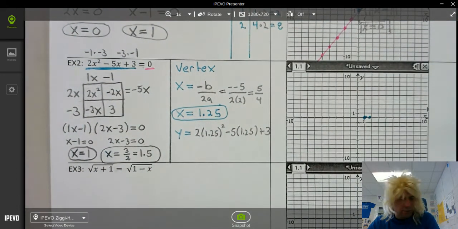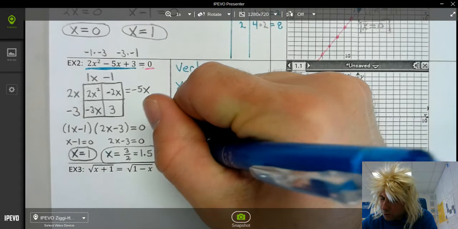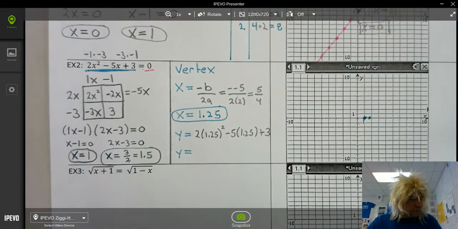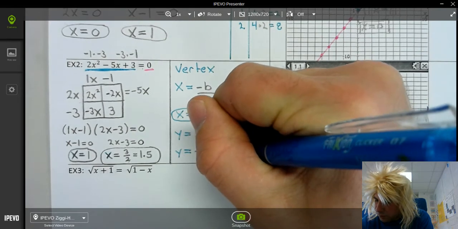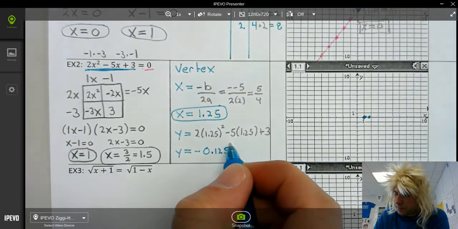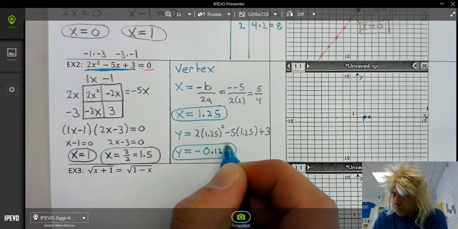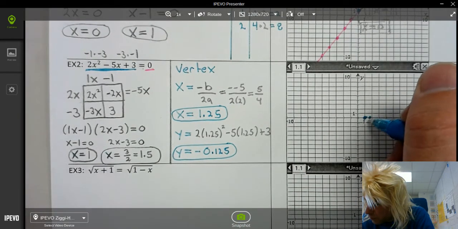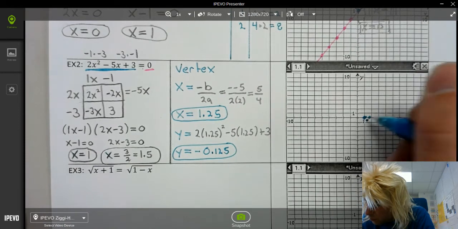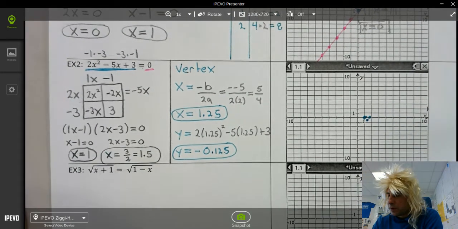Which when you plug that in the calculator, you'll get y equals negative 0.125. So let's graph the vertex. So we go over about 1.25 down. Such a small point, so you're just going to approximate it, but you know it's there.